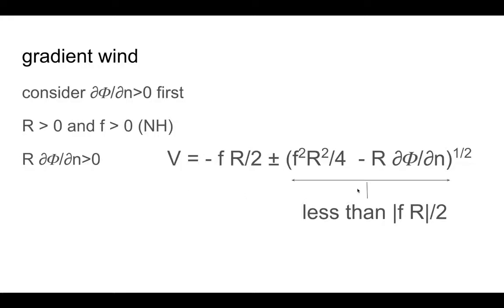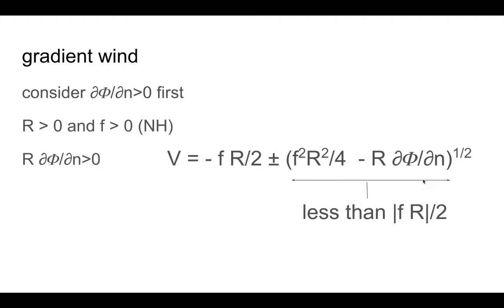So I'm going to kind of work from the inside square root out with this analysis. And so since both r and d phi dn are positive, then this term r times d phi dn is positive. And notice that we are subtracting that from another positive value, f squared r squared over 4.